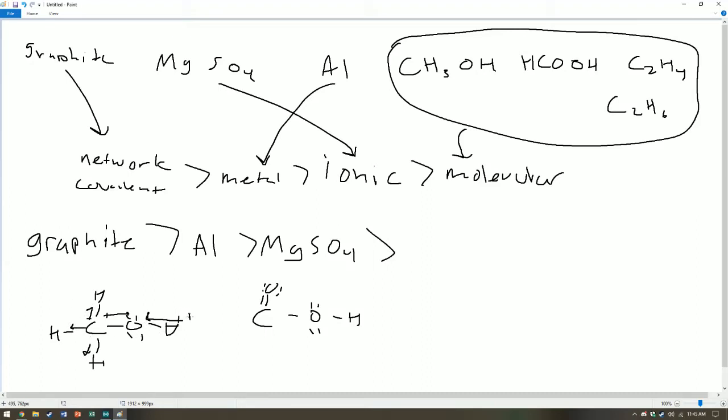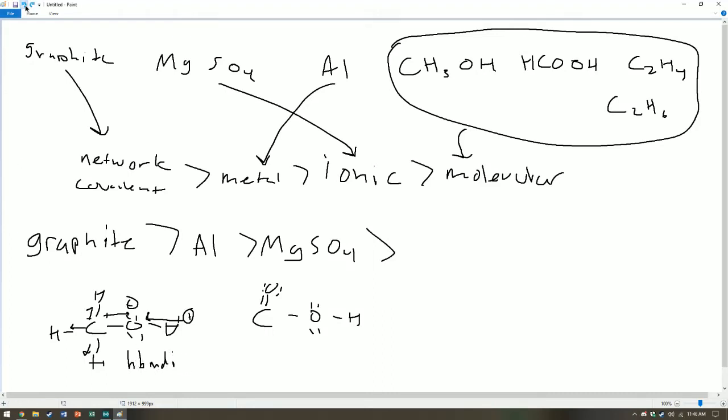Here we get a positive charge, here we get a negative charge accumulating. So therefore, that's polar, and even more so, since I'm smart enough to notice that, look, there's an O directly attached to an H. Therefore, I can say that this will probably do H bonding.